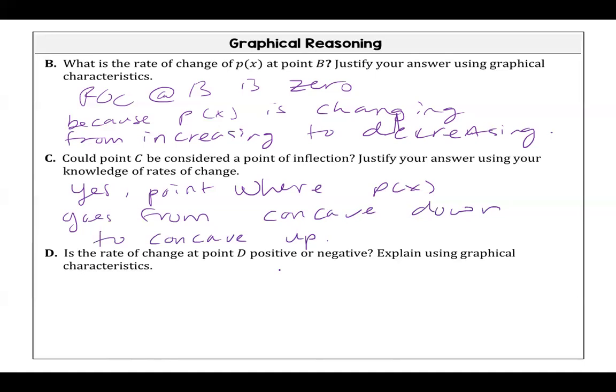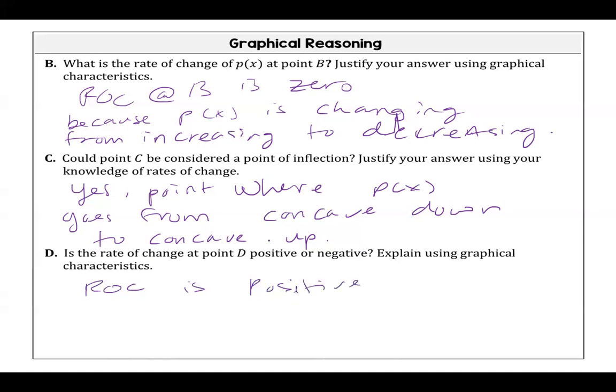All right. So next, is the rate of change at point D positive or negative? And the answer is positive. And why is it positive?